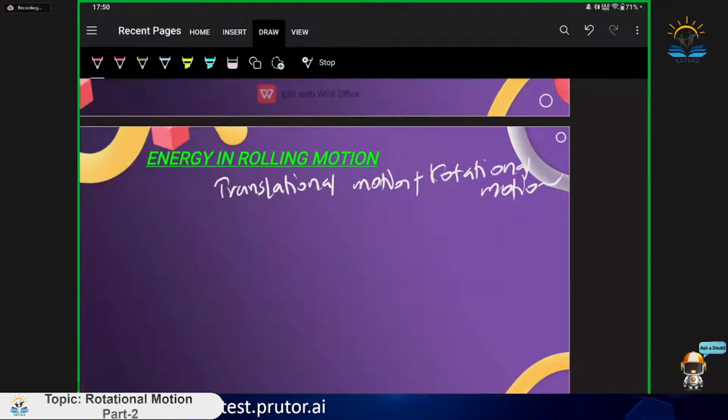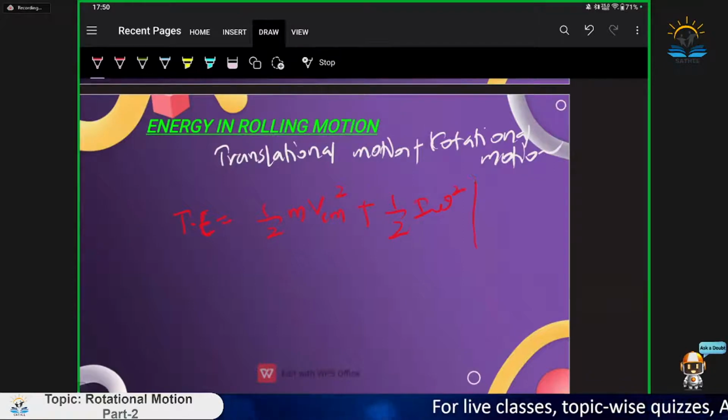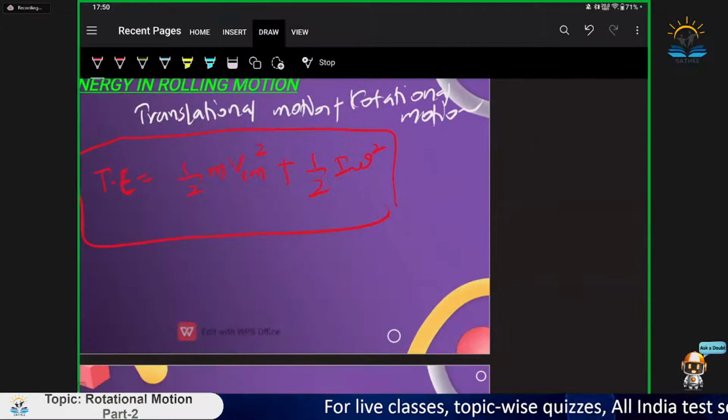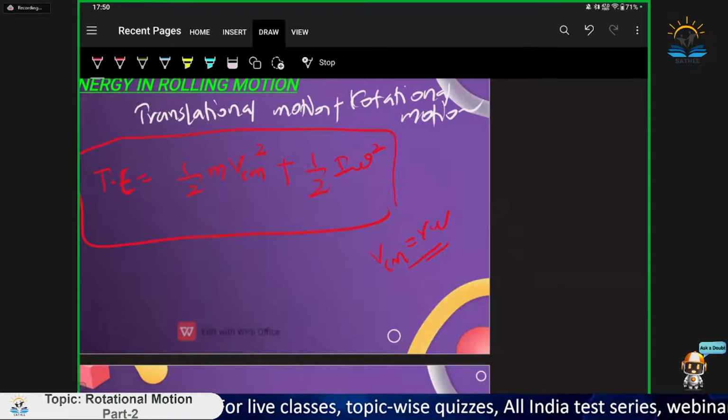So the total kinetic energy of the rolling body will be half m VCM square plus half I omega square. And we have the condition VCM equal to R omega for pure rolling.